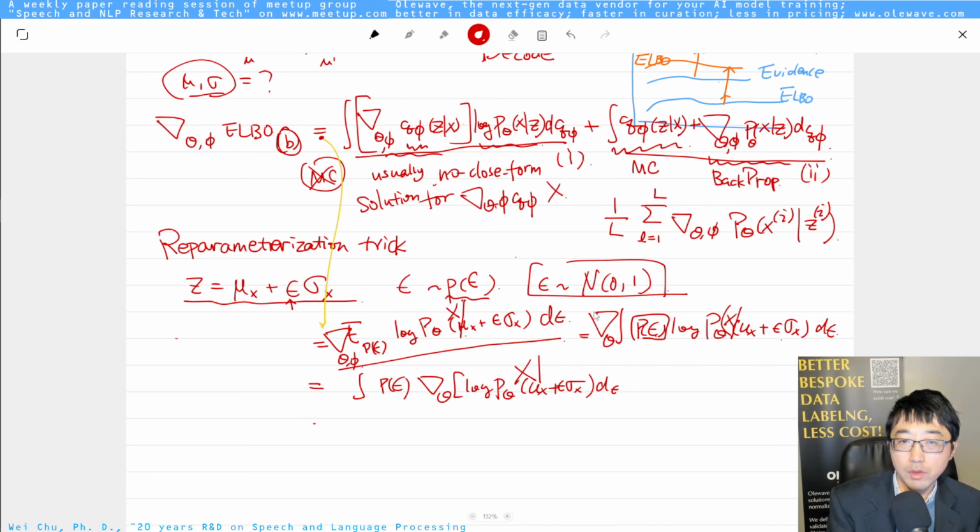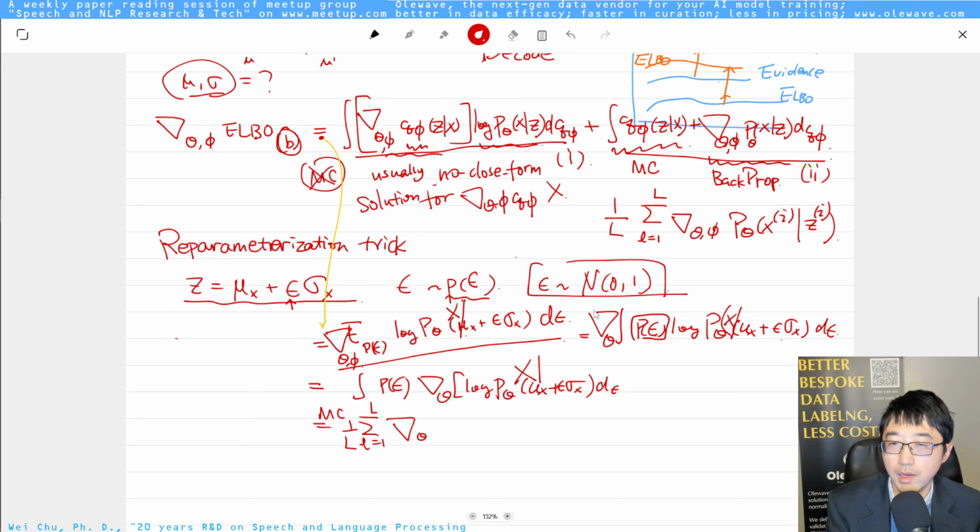But this part, you can just write this, because usually in Monte Carlo sampling, then you get this.